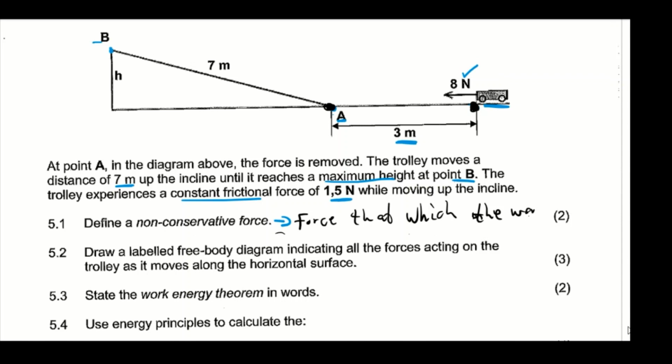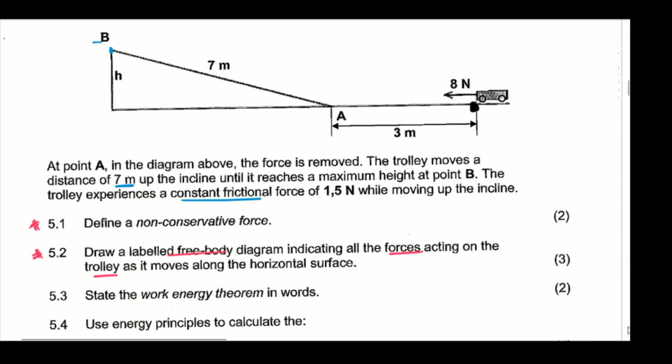And 5.2, so we're done with 5.1. Now 5.2 says draw a free body diagram indicating all forces acting on the trolley. So this trolley here, as it moves along the horizontal. I'm just going to draw the free body diagram on the trolley.